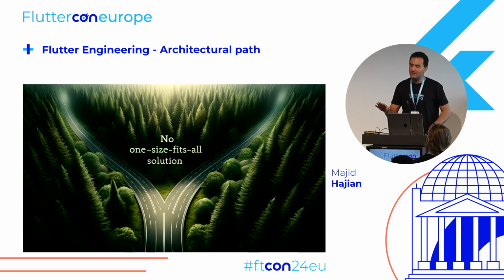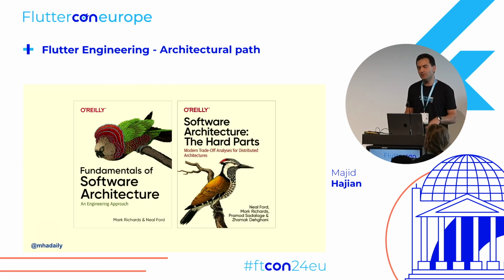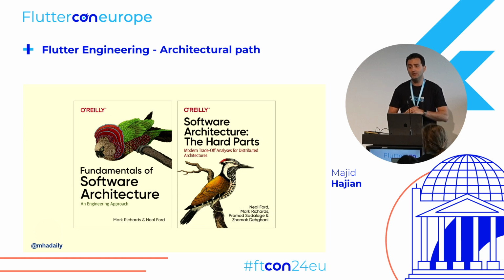And one more thing, and I'm pretty sure everyone agrees with that, more or less, there is no one-size-fits-all solution. And as I said, everything depends, right? So always think about that. And if you want to take a picture and read more about software architecture styles and patterns, I have 2 books for you, apart from my book.